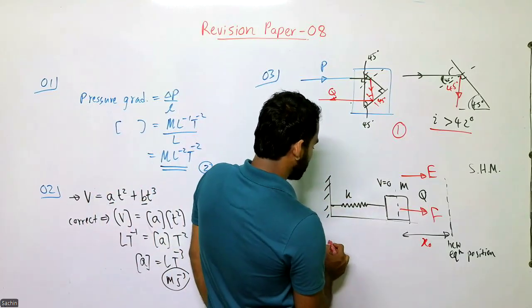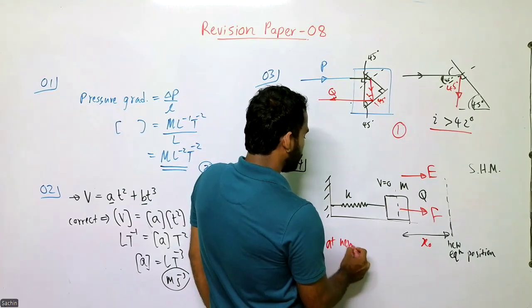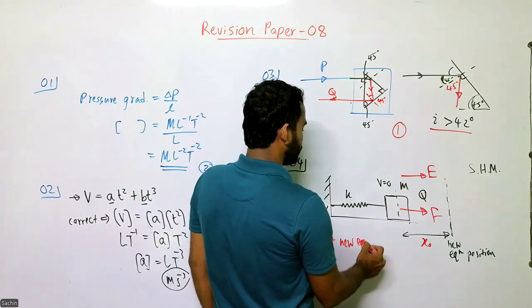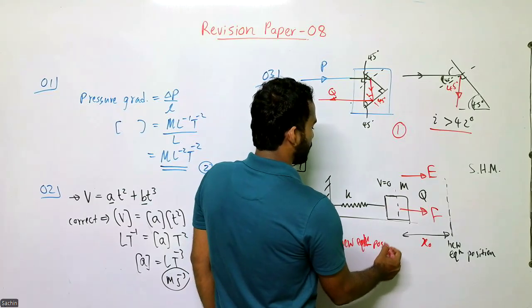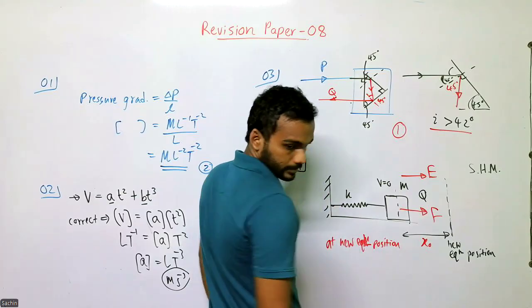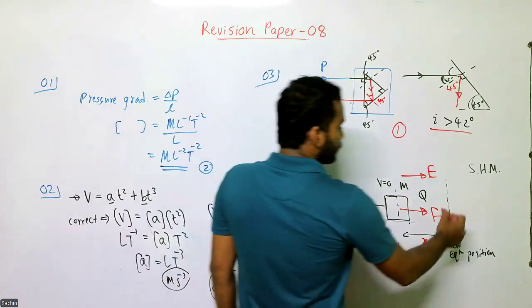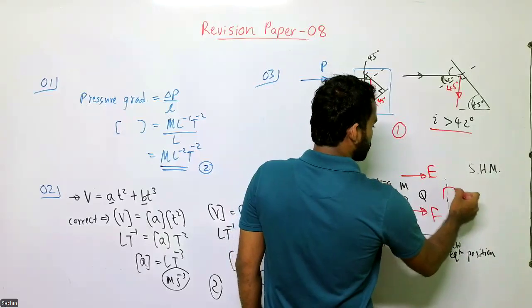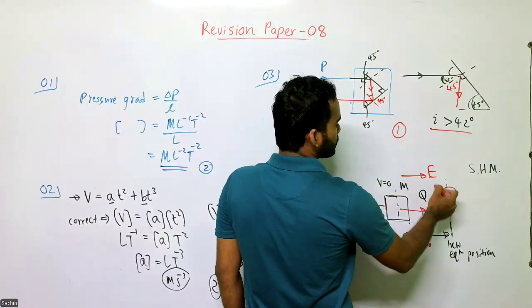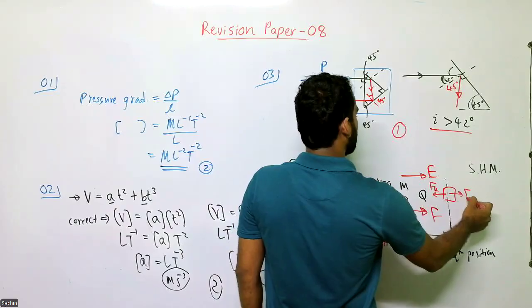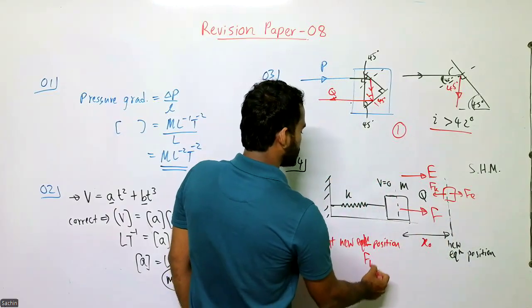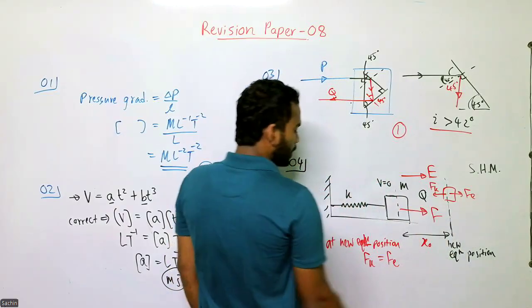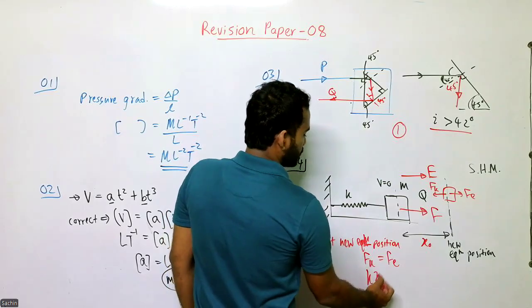At the new equilibrium position, the electric force and the spring force should balance. Let me mark it in a smaller diagram. This is the spring force and this is the electric force, and these two forces should be balanced. The spring force is given by kx, right?